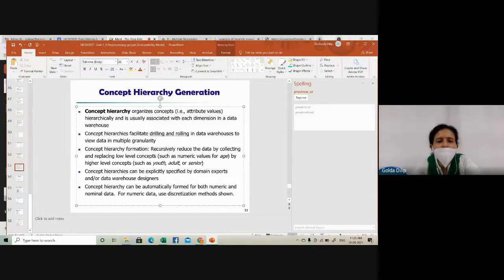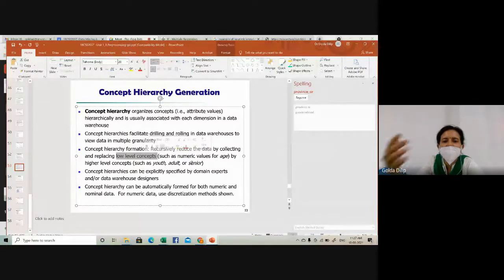The lower level concepts can be numeric values for age, at the lowest level. At a higher level, the age of the people can be split into concept hierarchies like youth, adult, senior.